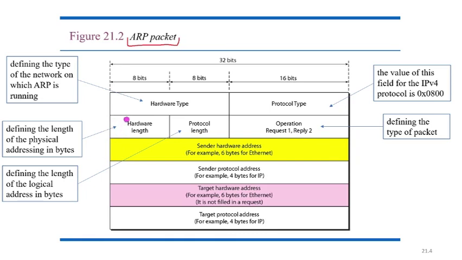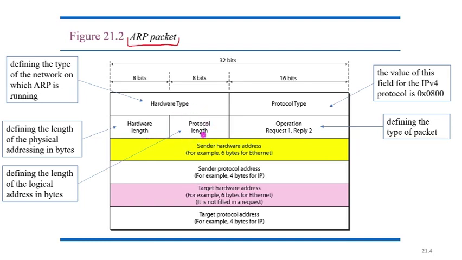If it is a MAC address, it is defined by 6 bytes. So the hardware length will be 6, a 6 byte Ethernet address. That is the length of the physical address in bytes.